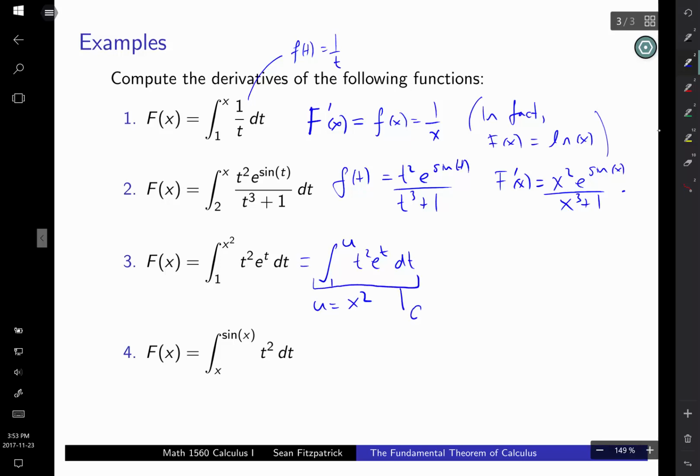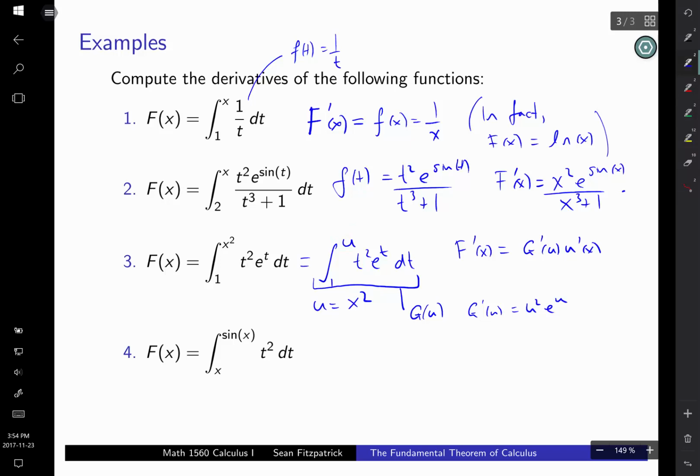This function here we could think of as some g of u. So f prime of x is going to be g prime of u times u prime of x using the chain rule. So what's g prime of u? Well, g prime of u is going to be u squared e to the u. Because again, the fundamental theorem says you just take the variable of integration, replace it with the variable that you see up here. That gives you your derivative.